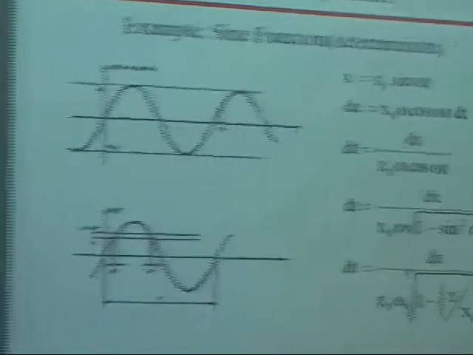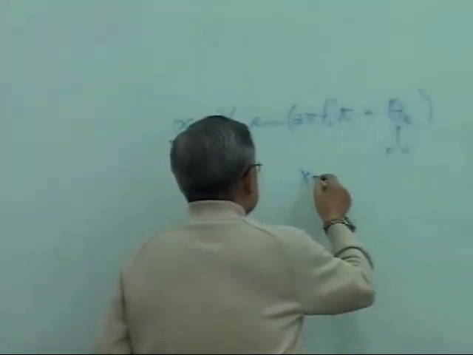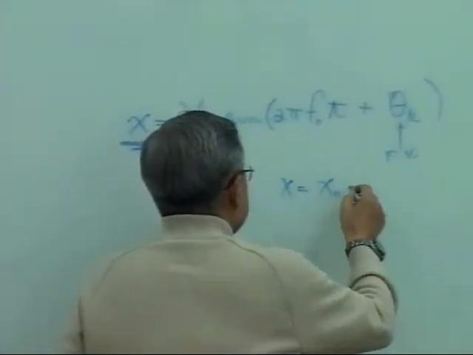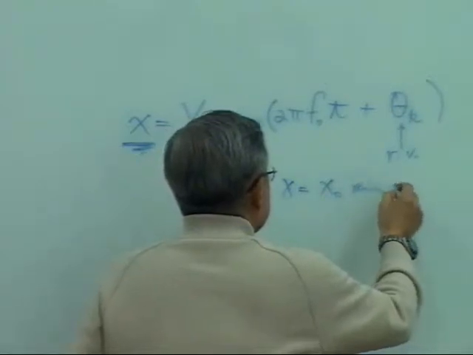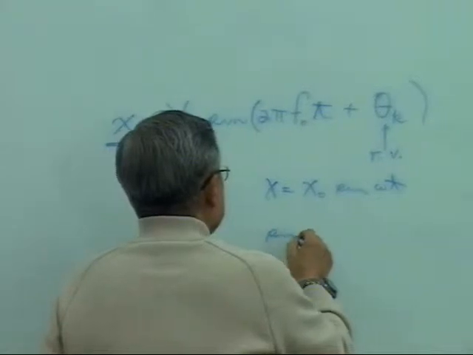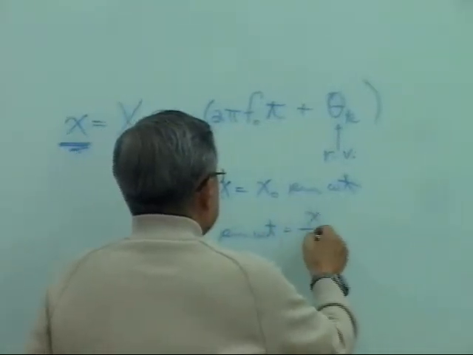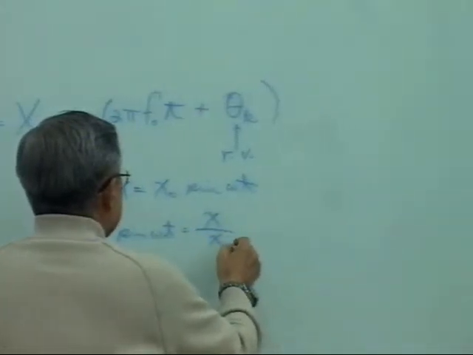So x is equal to x naught sine omega t, and sine omega t is x over x naught.